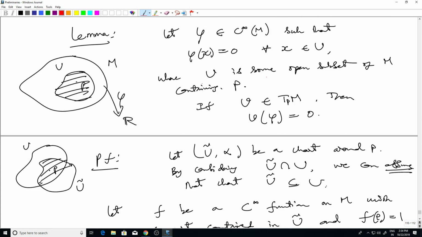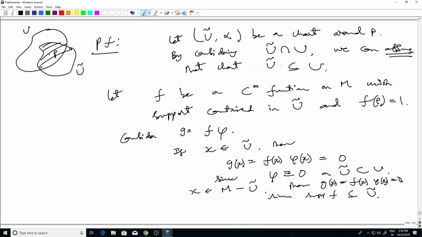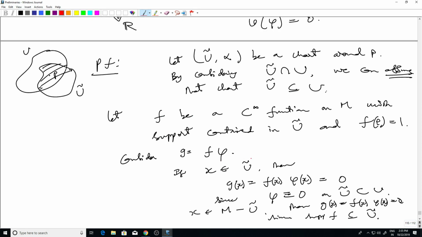So in order to prove this, what I did was I took a chart around this point P. Then we can assume that the chart is actually contained in U. Now here's the main idea. Let f be a C infinity function on M with support contained in this.